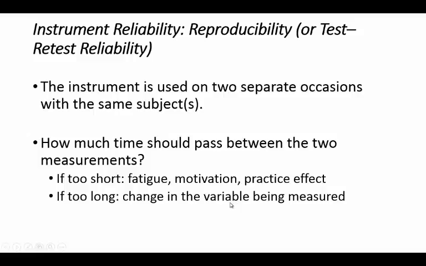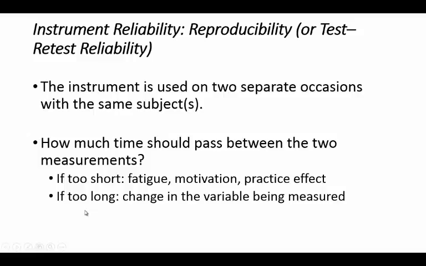maybe changed. For example, maybe the person got stronger, maybe the person got weaker, maybe the person got more flexible, and so on. So every researcher determines the time of measurement according to his or her knowledge of the variables.